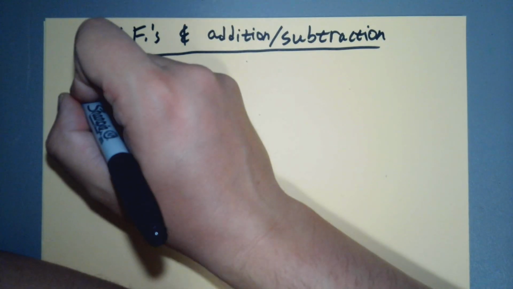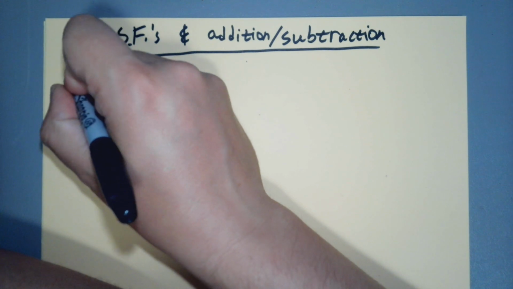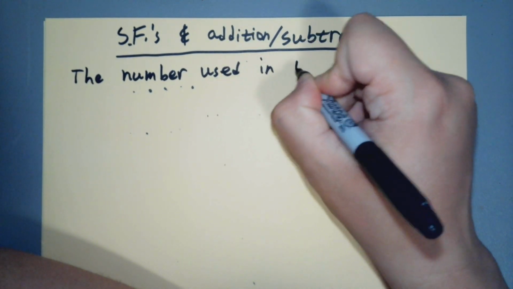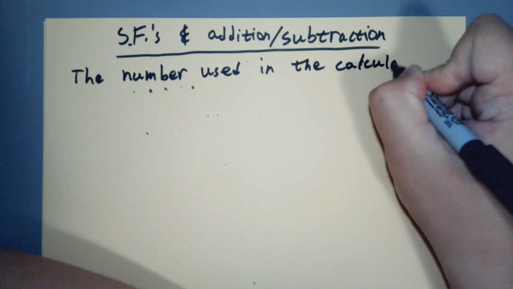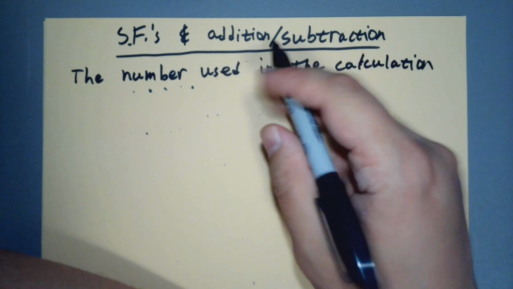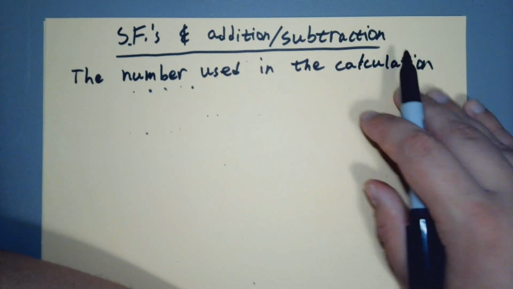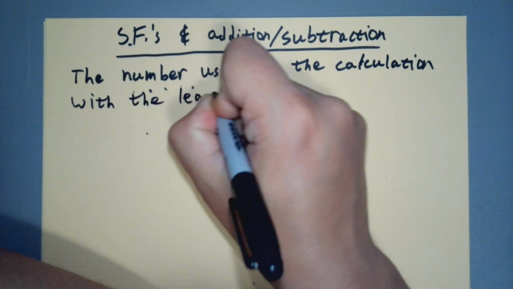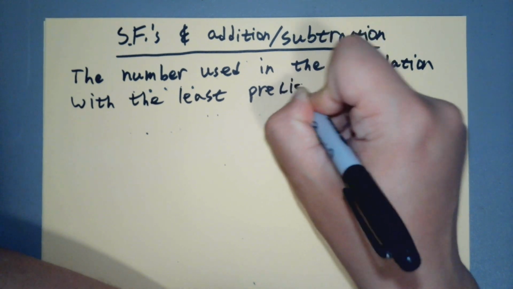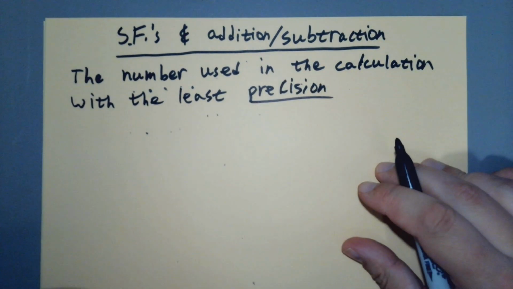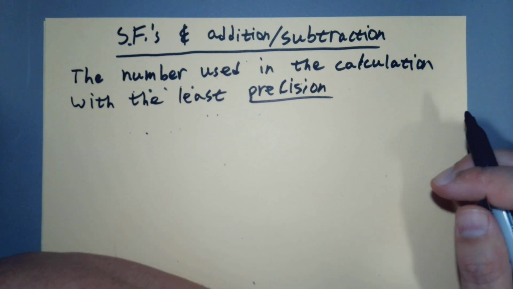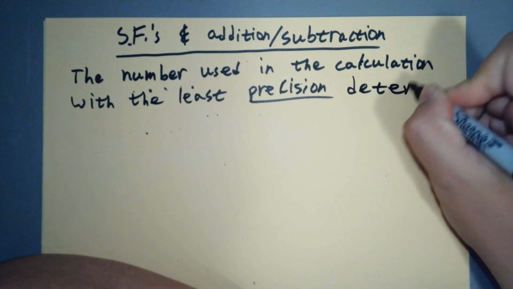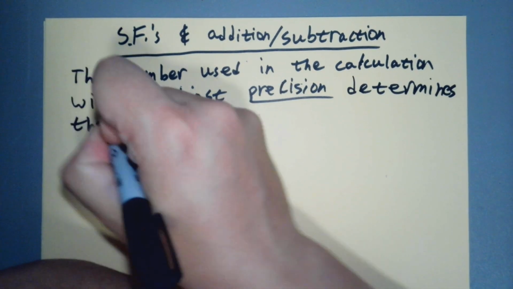The number used in the calculation, so whatever number we are adding to, if we're adding two numbers together, whichever one that we use in this calculation with the least precision determines the precision of our answer.